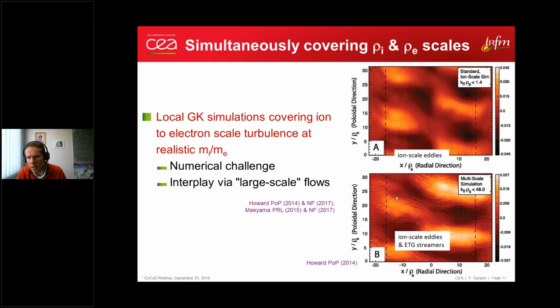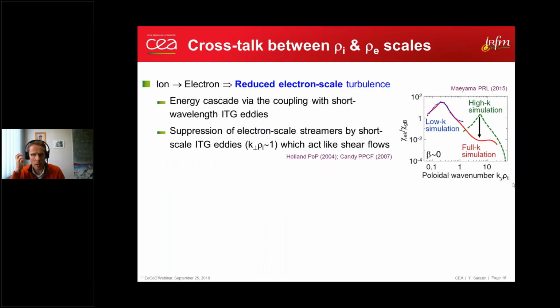And in this case, you can see that there are small corrugations of the structures, first of all, and second, that the magnitude of the structures is also reduced by roughly a factor of 2. How to understand this? Well, this can be understood, as I mentioned previously, as a result of the interplay between the ion and the electron scale. First of all, the impact of the ion scale on the electron scales.